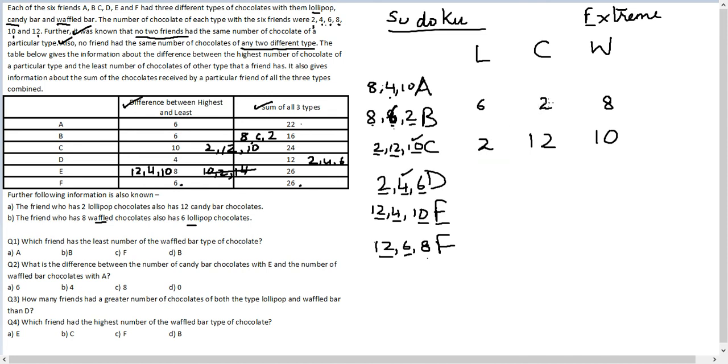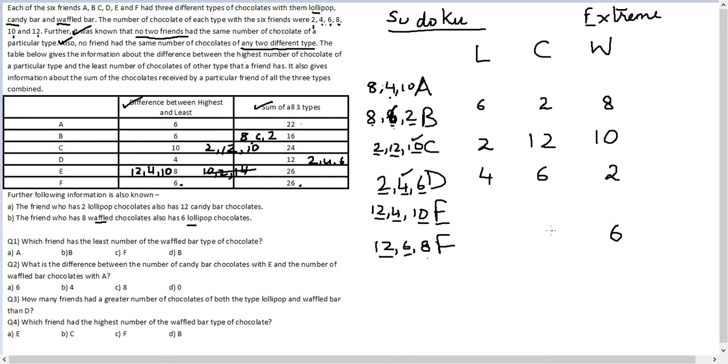Now because 2 2's have been mentioned, can I come up with the conclusion that D, that also has 2 of one variety, would only have waffled as 2. Now 4 and 6 have to be distributed. 6 cannot come here, so 4 will come here and 6 will come here. Now 2 6's have been mentioned. The third 6, which is mentioned here for F, cannot come in lollipop, cannot come in candied, so it will come in waffled only.